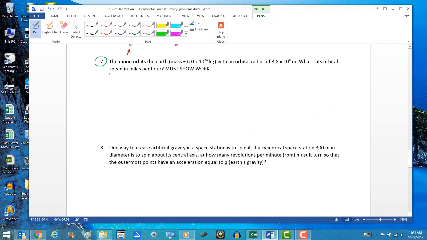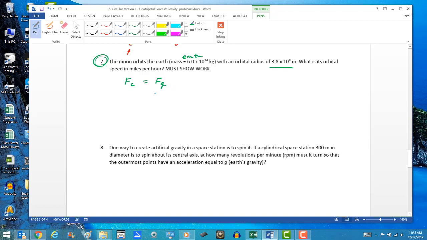Question 7 is exactly the same question, this time using the Earth and the Moon. So I won't take the time to draw a sketch. The centripetal force, which holds the Moon in its orbit around the Earth, is nothing but gravity.